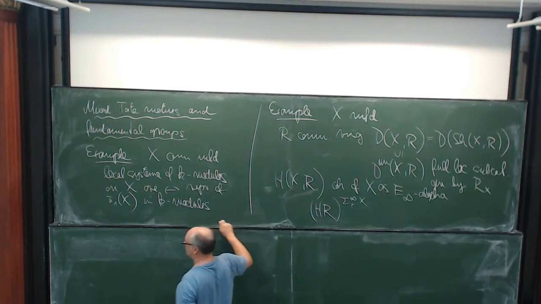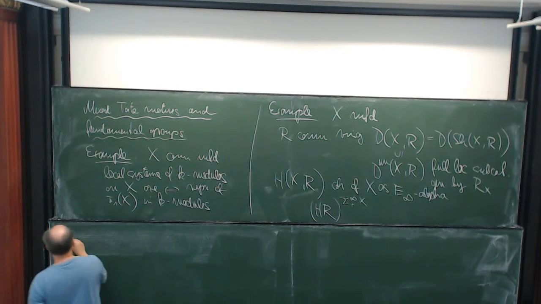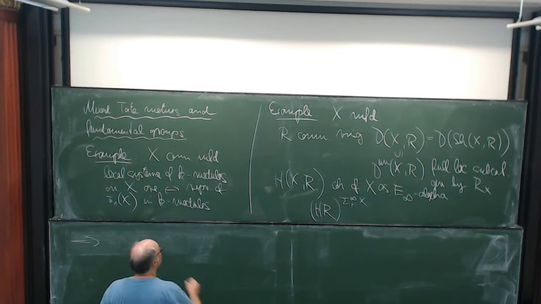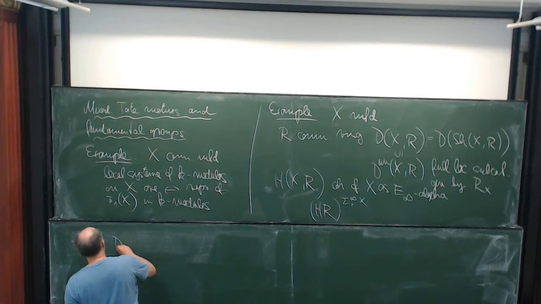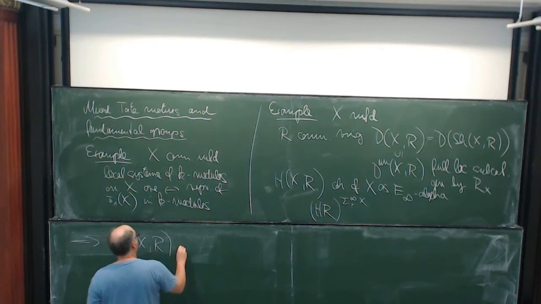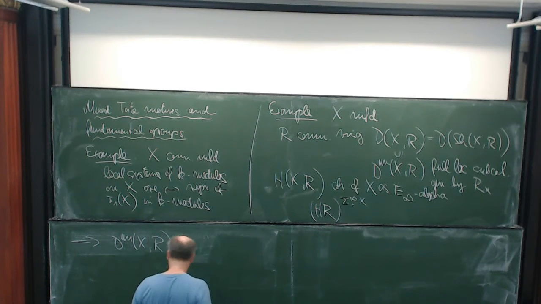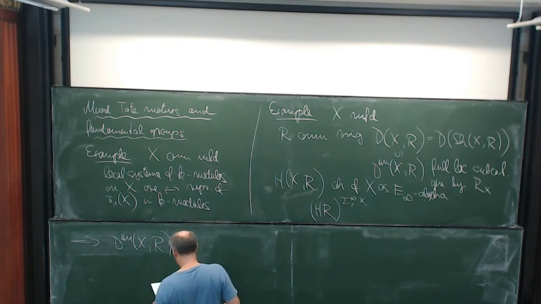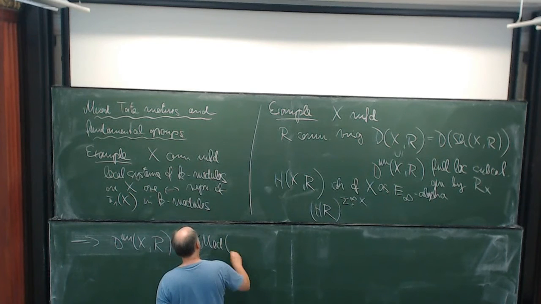The example I want to give is that there is a natural equivalence of tensor triangulated or infinity categories between this sheaf category on X and just modules over this infinity ring.